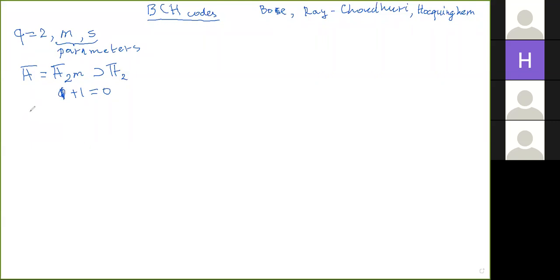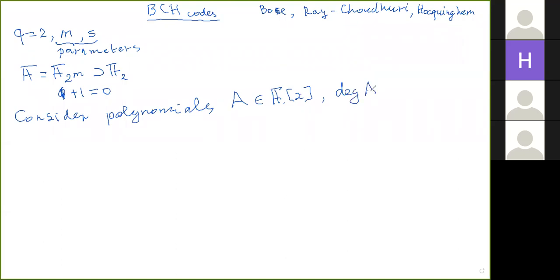So we will consider polynomials a of one variable whose coefficients are taken from the large field of 2 to the m elements, and whose degree is strictly less than n minus s.